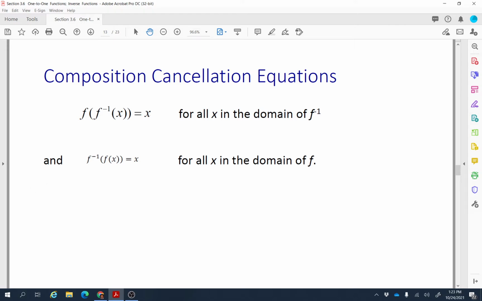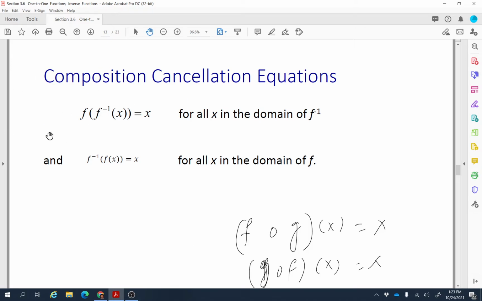So to find out whether two functions are inverses of each other or not, you always find the composition of these two functions from both directions, and that should give you x. That's the test we can use.